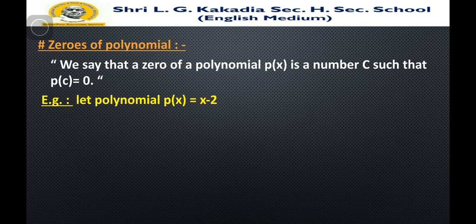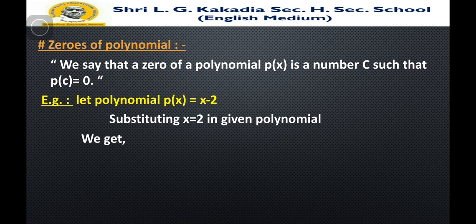Here one polynomial is given: p of x is equal to x minus 2. Substituting x is equal to 2 in the given polynomial, we replace x by 2 in p of x. Then we get p of 2 is equal to 2 minus 2, so p of 2 is equal to 0.